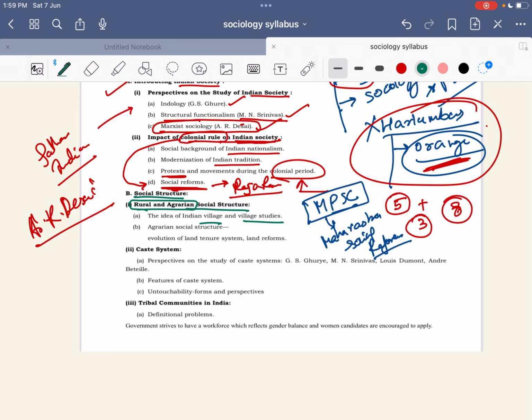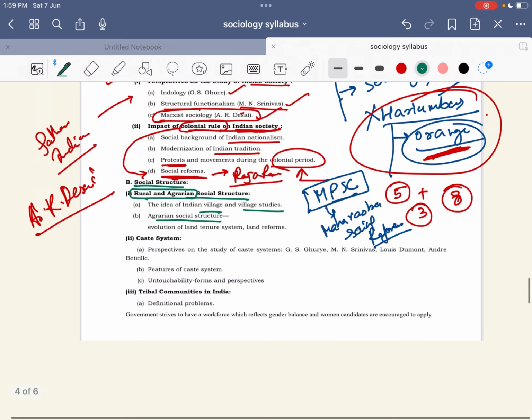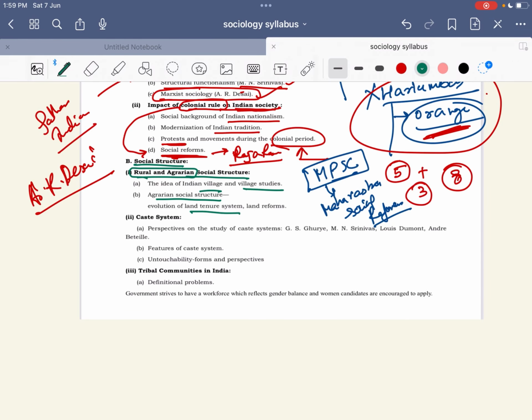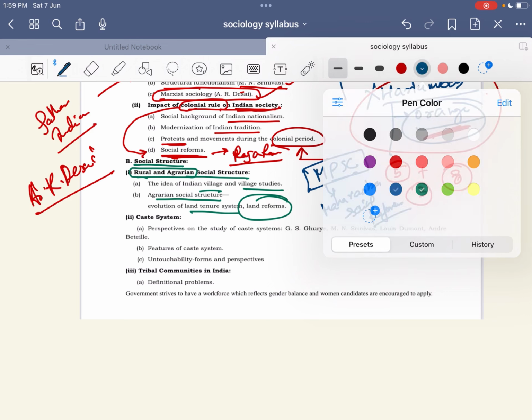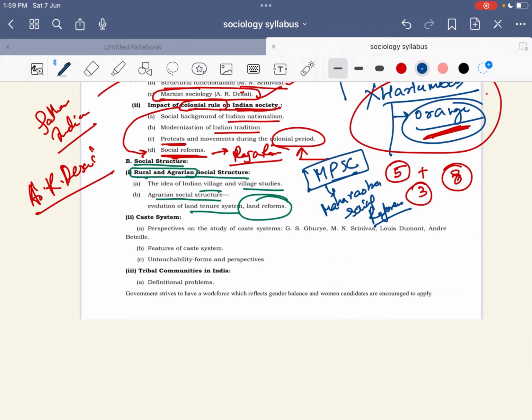Then there is agrarian and social structure, evolution of land tenure system, land reforms. Hmm? This you all know. Then there is the caste system, study of the caste system. GS घुरे ने उसके ऊपर उनका क्या पर्सपेक्टिव है कास्ट सिस्टम पे. एम एन श्रीनिवास हाउ ही सीज द कास्ट.